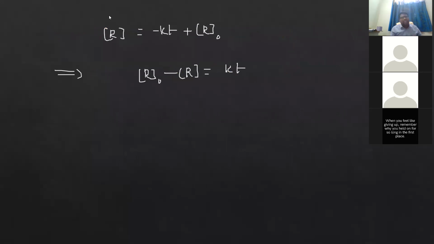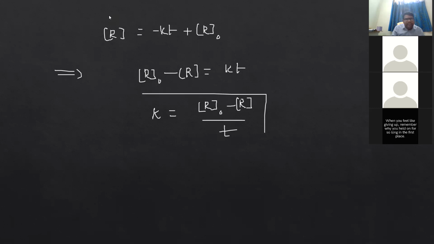Clear? Everyone understood this equation? This equation can be written as concentration of R naught minus R is equal to KT. The negative value will be removed. So here again, K is equal to concentration of R naught minus concentration of R divided by T. This is the rate constant of the zero order reaction.